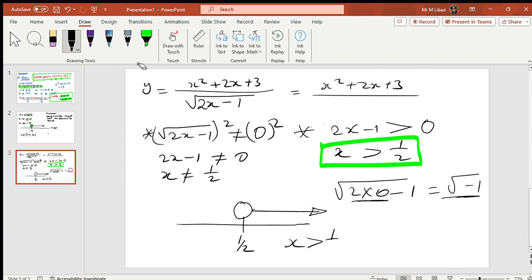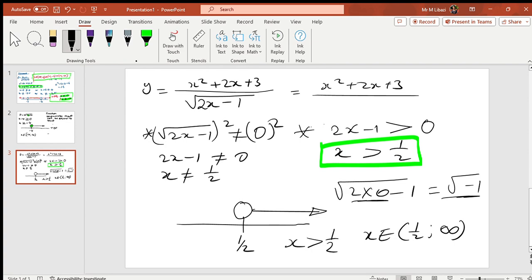No, this is not interval notation. Interval notation is the one that would say x is an element of the interval from 1 over 2 to infinity. You can see now that both the 1 over 2 and the infinity are not included, because 1 over 2 doesn't satisfy.